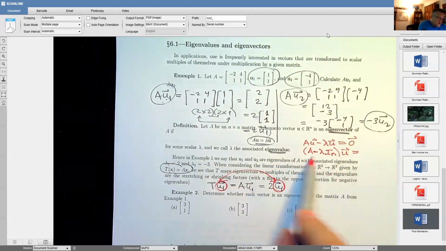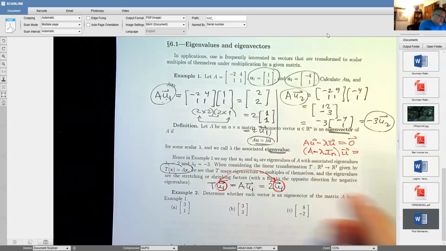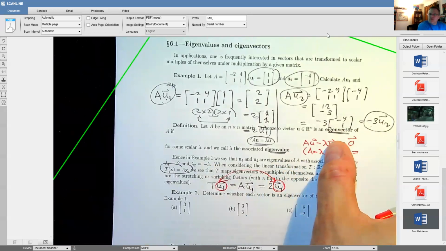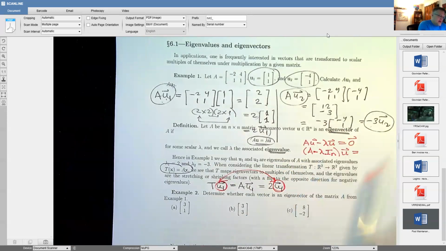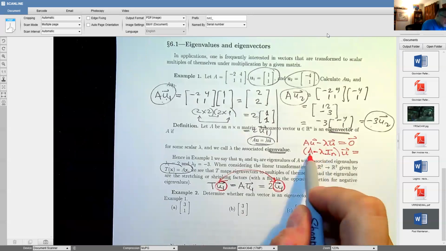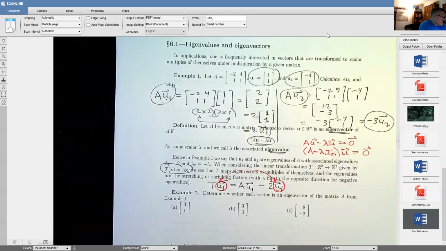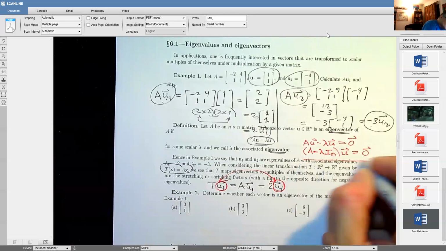You have to be careful here: don't just write A minus lambda. A is a matrix, lambda is a number, so that would be meaningless. You're really multiplying lambda times the identity matrix. So A minus lambda I, times u, is equal to the zero vector. And this is an alternative definition.